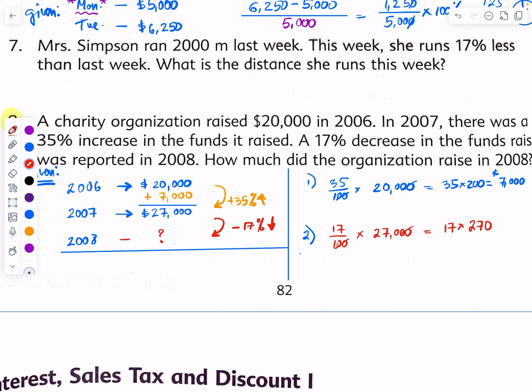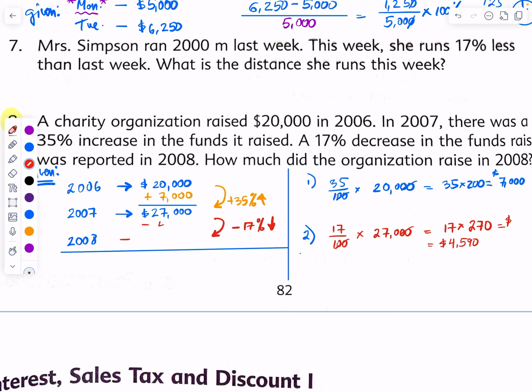Do I have to do the math? I think so. I'm afraid I'm supposed to do the math myself. Let's see. 17 times 27 equals, and it is a drop of $4,590. So that means in 2008, they raised $4,590 less.